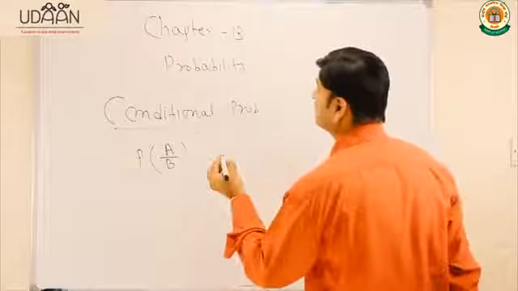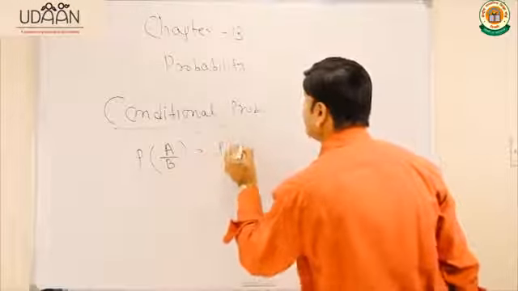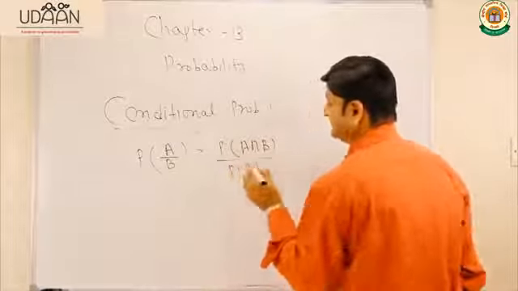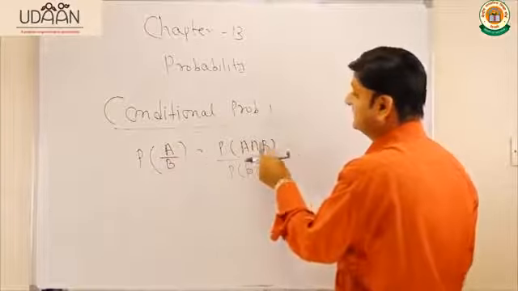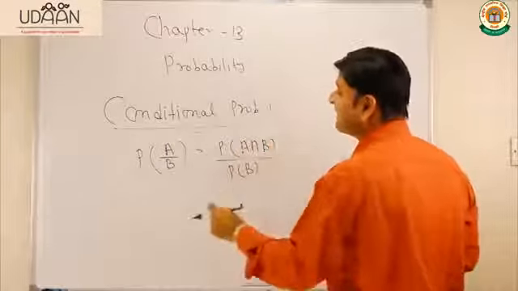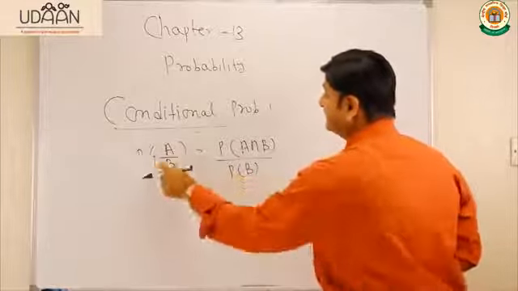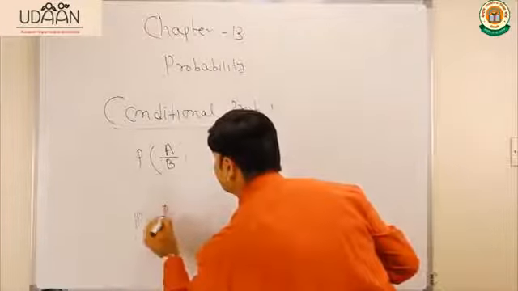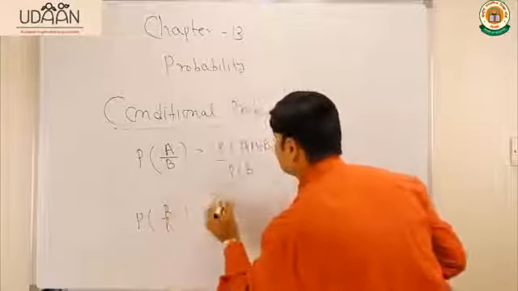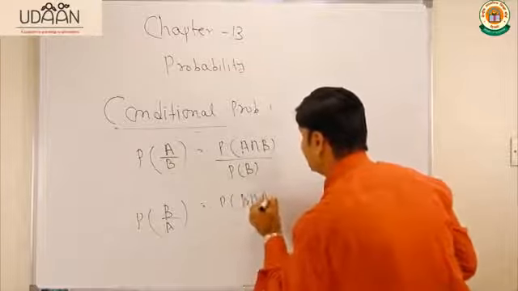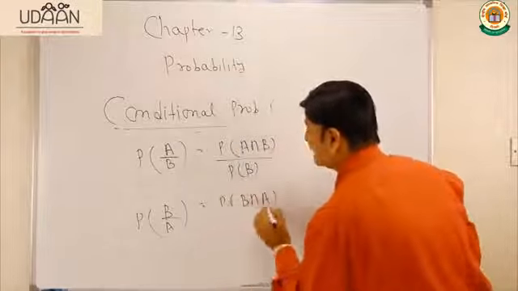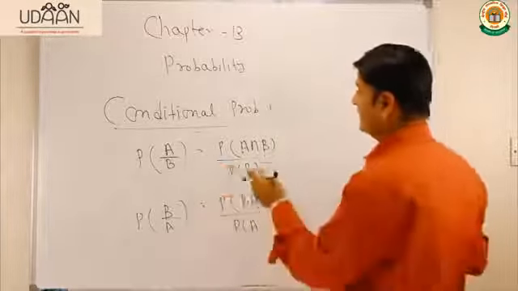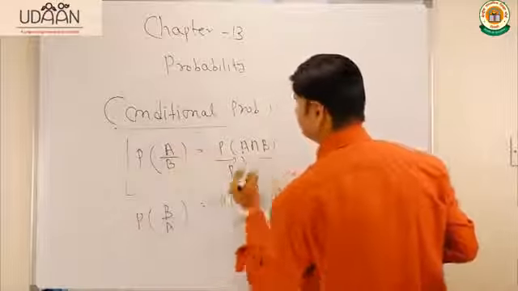I am just giving you the formula, and the formula is P of A intersection B upon P of B. See, probability of intersection of both the events upon probability of the denominator event, that is P of B. In similar way, if I write P of B upon A, it is equal to P of B intersection A. Although they both are same, but in denominator this time we will have P of A. So this is the formula which you have to remember.